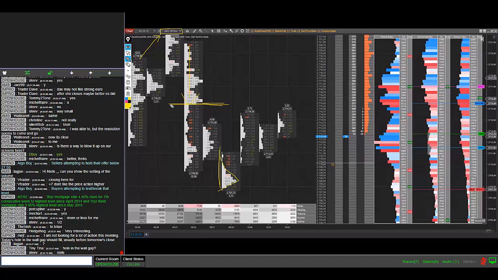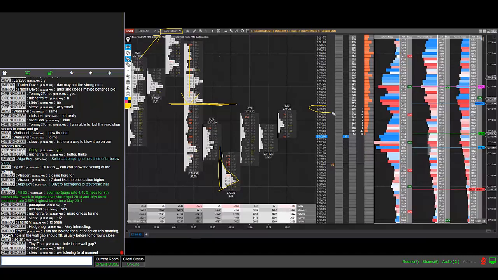But anyway, when it broke down, I typed it in the room as well. So we short 15s, and that doesn't come out of nowhere. When it breaks down and they want to attempt to go lower, they need to hold this level right here in order to keep the buyers stuck, right?